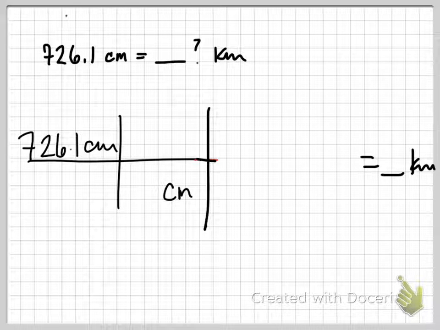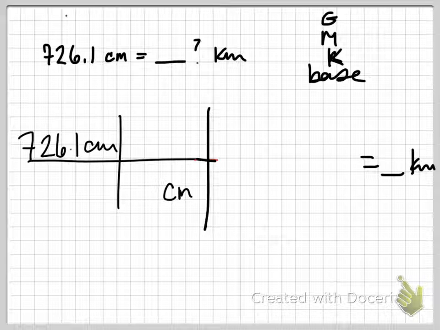Years and years ago, when dinosaurs roamed the earth and I was in about the 7th grade, and we did conversions, giga, mega, kilo, we memorized this cute little chart with all of the big prefixes up above and all the little prefixes down below, and the base unit right in the middle.